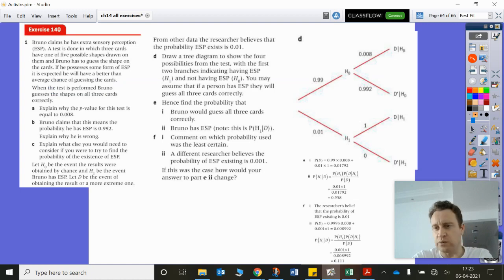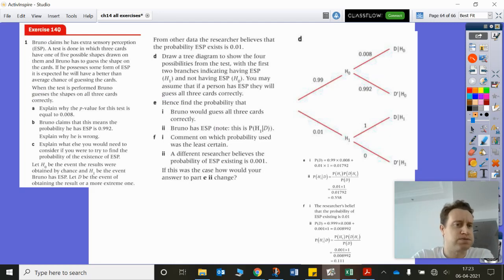So we're dealing with this extra knowledge. We need to say, well, what's the probability that he has this ESP now that we know that he's performed this test correctly? So this is a conditional probability, and I think potentially there's a poor wording there. It does say hence there, so it's following on from this information prior.